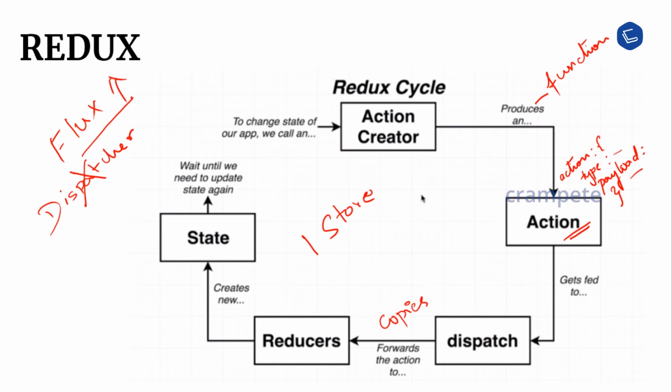It changes the data according to the type and payload of the action and then sends the updated data to the state. So the newly created, updated state is passed to the state.